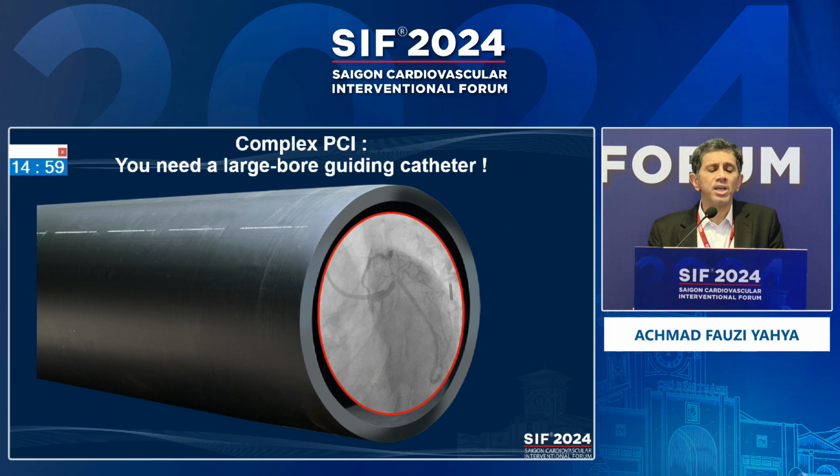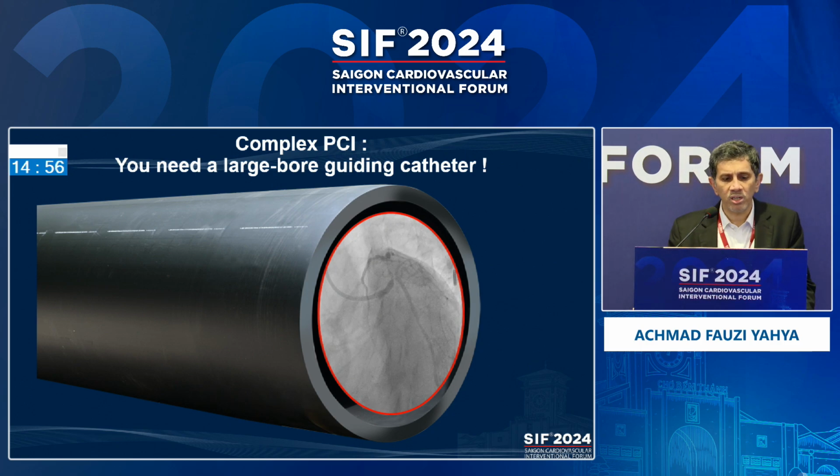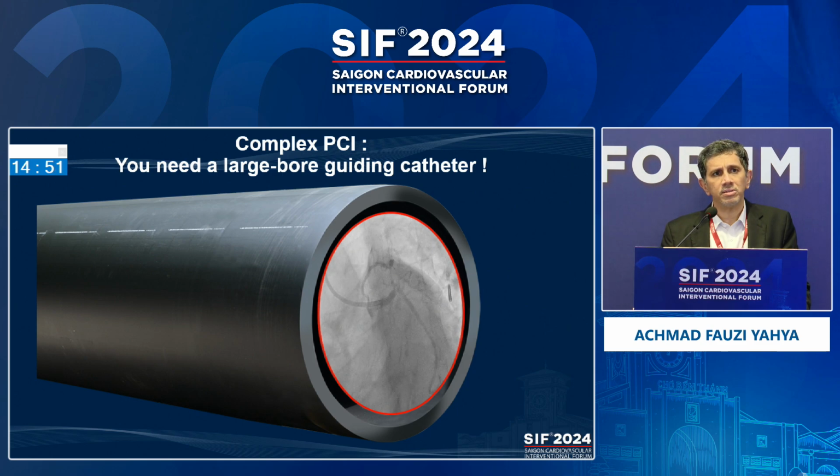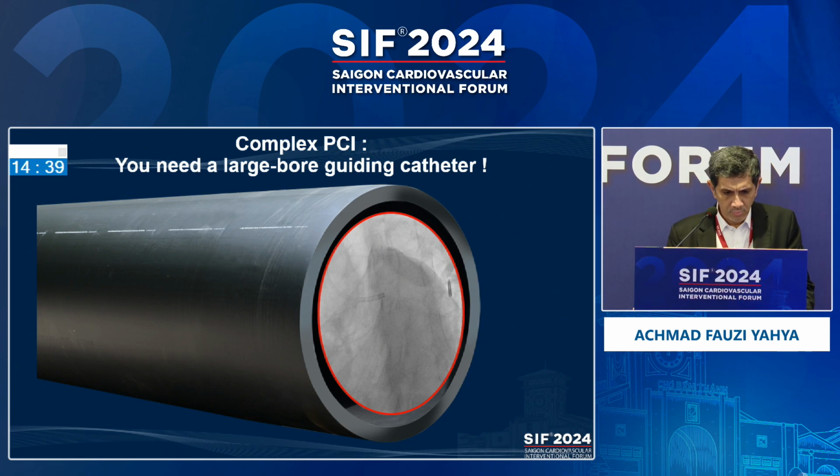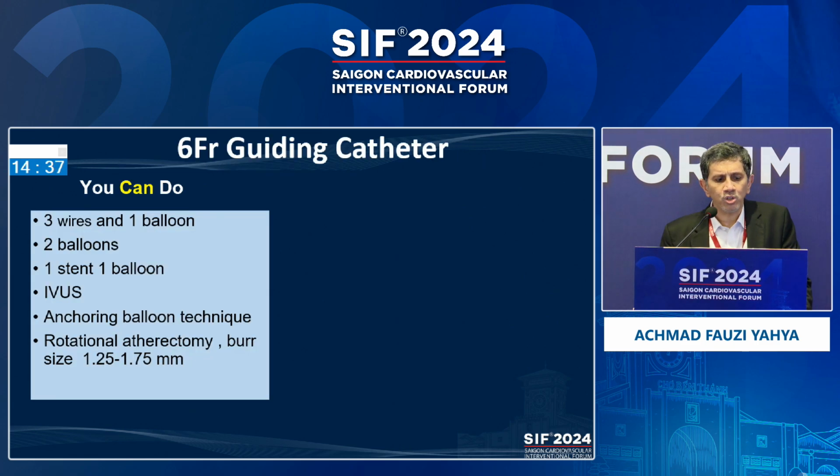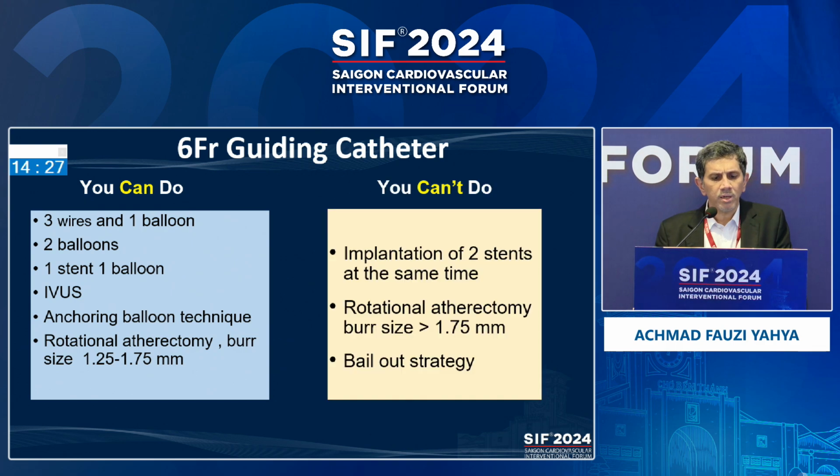Dealing with complex PCI, most of the time you need a large bore guiding catheter. This is the requirement, especially with very complex PCI. Of course, you can use a 6 French guiding catheter, but you cannot implant 2 stents at the same time.